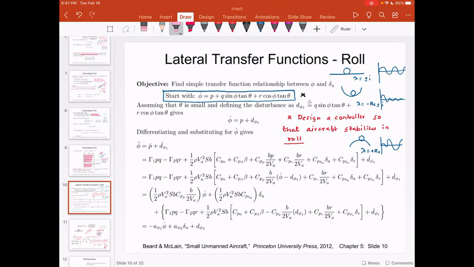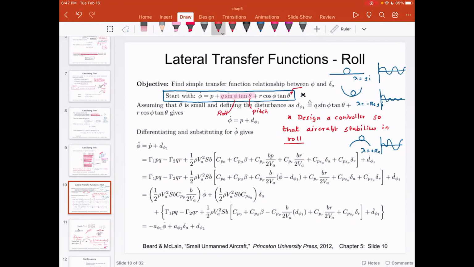I want you to focus on this second term. This second term shows me the coupling between the pitch and the roll. As you note, this is the pitch angle and this is the roll angle. Same thing happens over here.